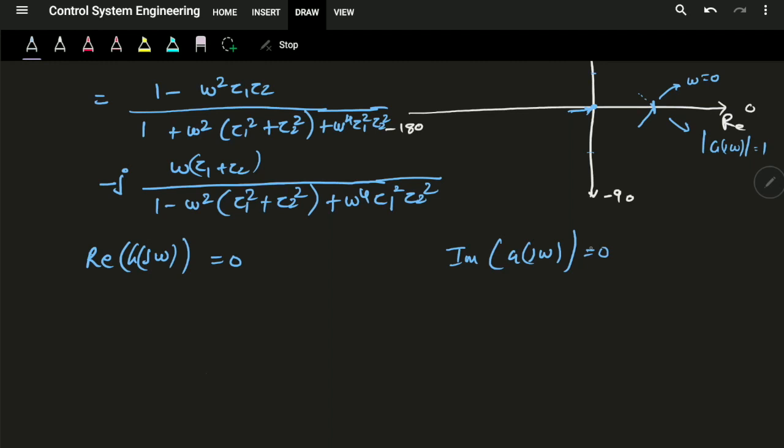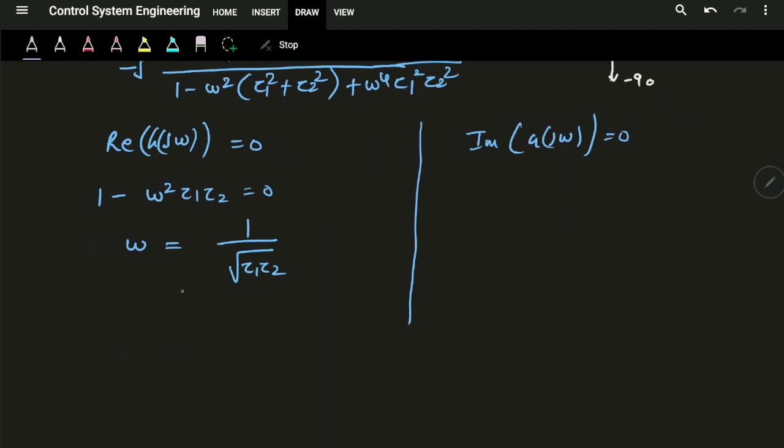It will give me the point on the real axis. So when we substitute, we will have only this equation, so this will cancel out. So 1 minus omega square tau 1 tau 2 equals 0, which will give us omega equals 1 upon square root of tau 1 tau 2.